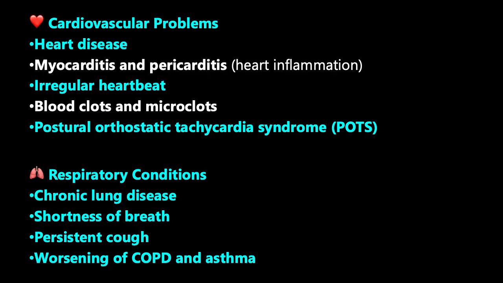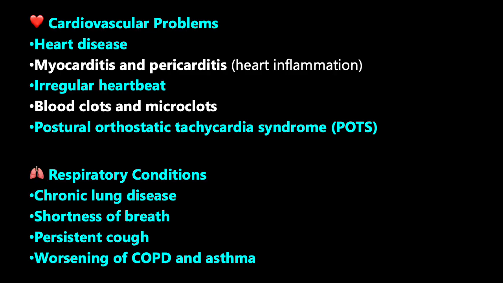On the cardiovascular system, you have heart disease, myocarditis, and pericarditis are the common ones, and these are inflammation. It causes inflammation of the heart muscles. Okay, and the irregular heartbeat, blood clots, and microclots. These are the most common, in fact, seen through research, where they see blood clots and microclots in the people with high spike proteins.